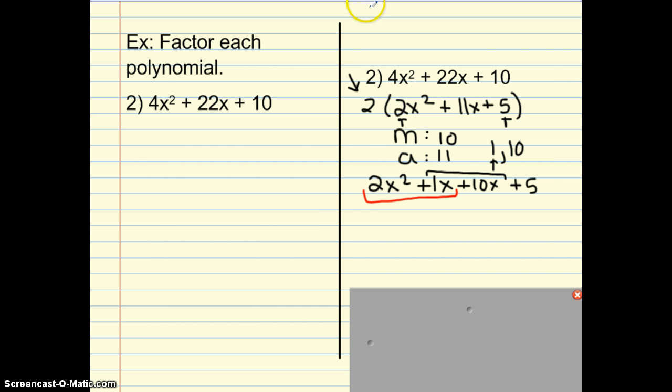Now when I look at these, 2x squared plus 1x, I can factor out an x from both of those, and that's going to leave me with 2x plus 1. And then I'm going to look at my 10x plus 5, and out of both of those I can pull a positive 5, and that'll leave me with 2x plus 1.